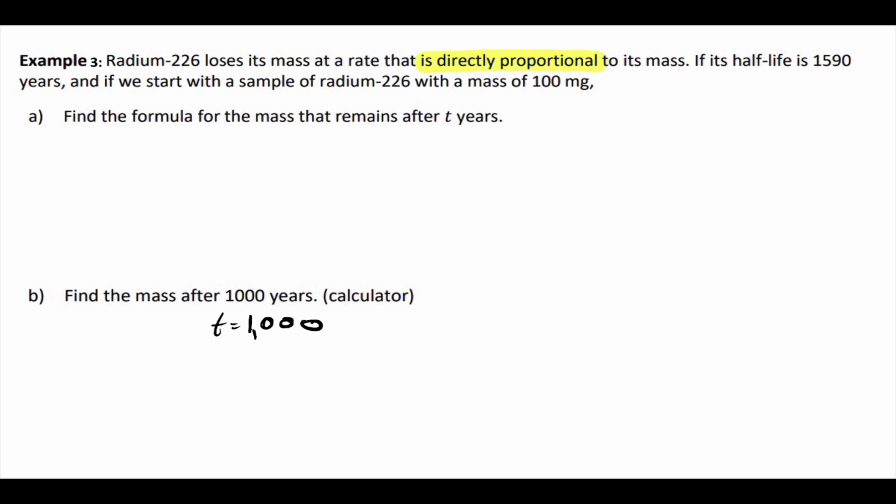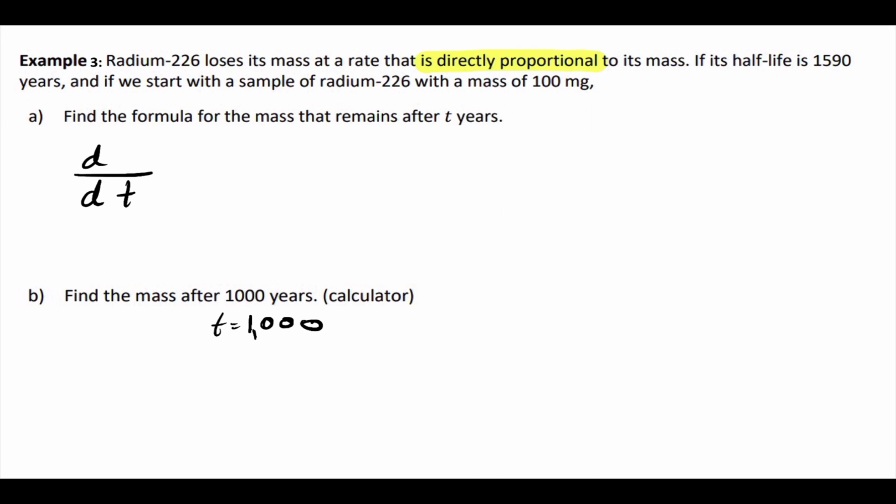It is directly proportional. That means we're going to use the same steps we've been using. What is the independent? What is the dependent? Let's start with that. Yes, years, definitely t.